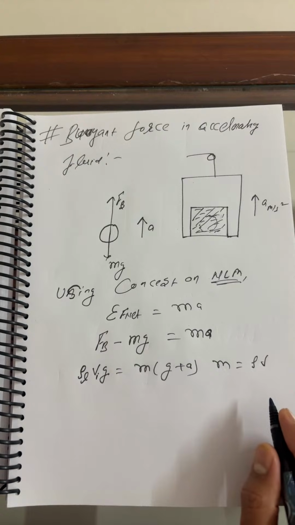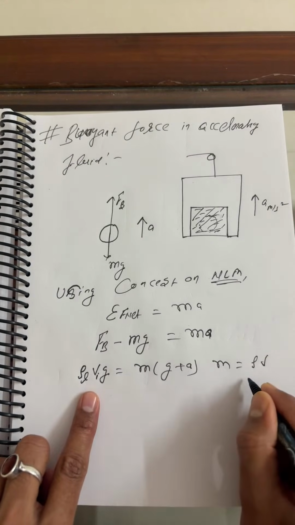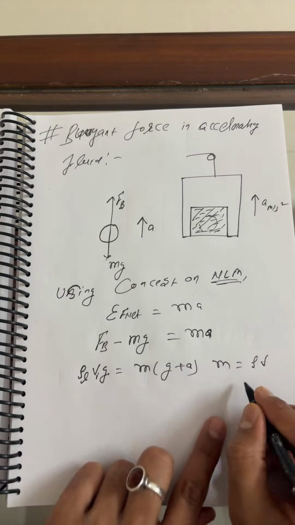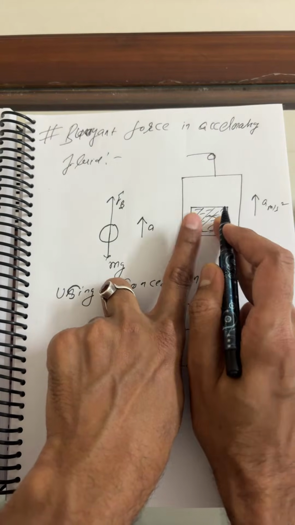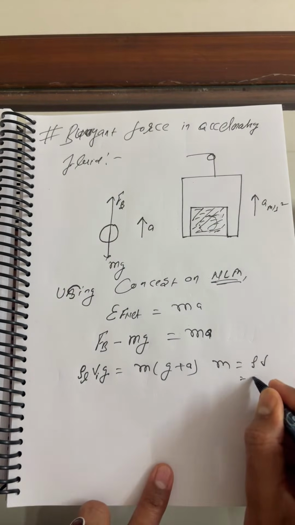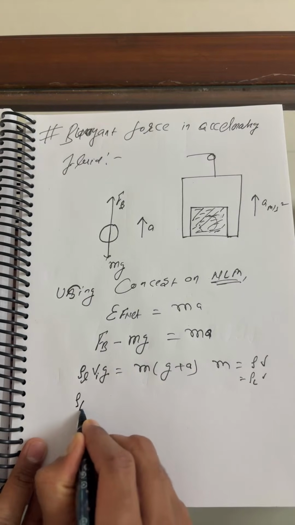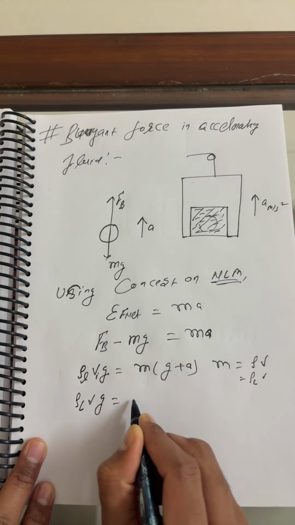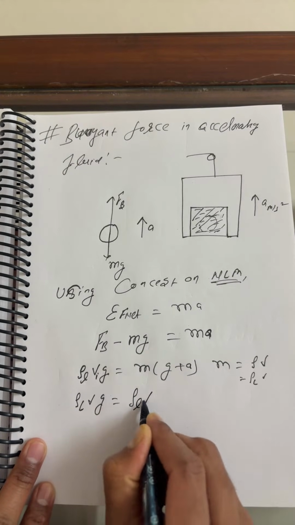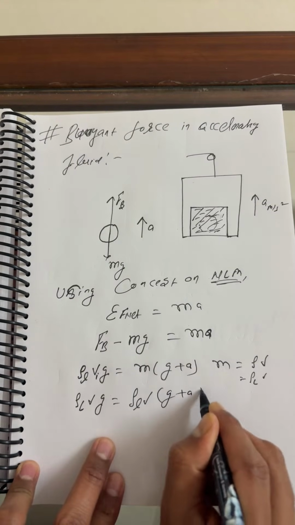Okay. So here these two remain the same, because both are water. This is made of water only. So density of liquid and volume submerged. Now you can see this is density of liquid into volume into g is equal to density of liquid, volume remains the same here, displaced, into (g plus a).